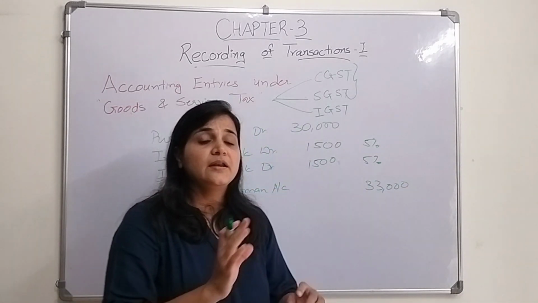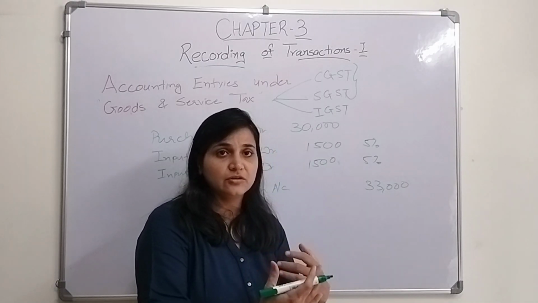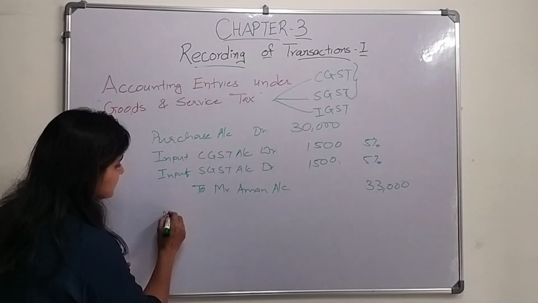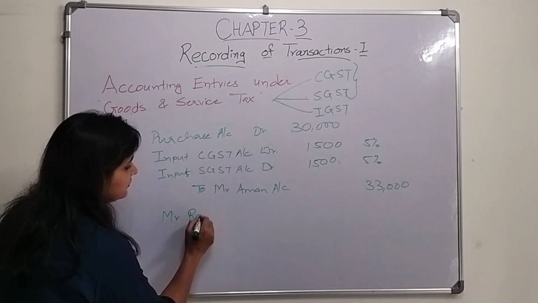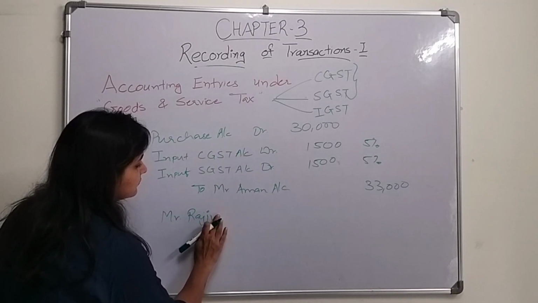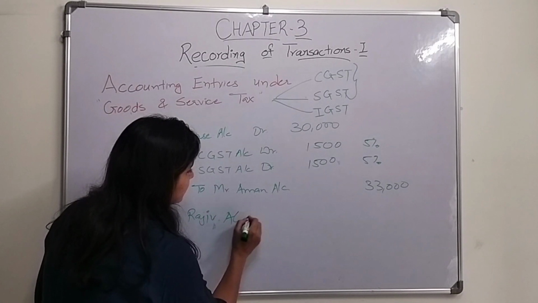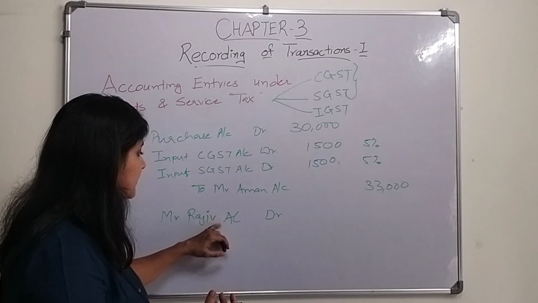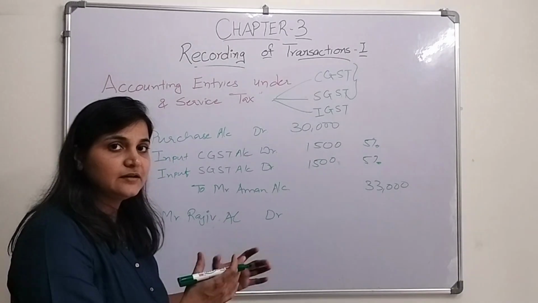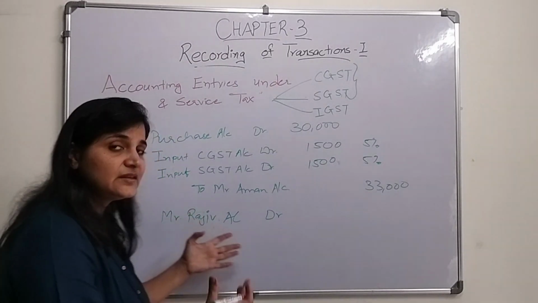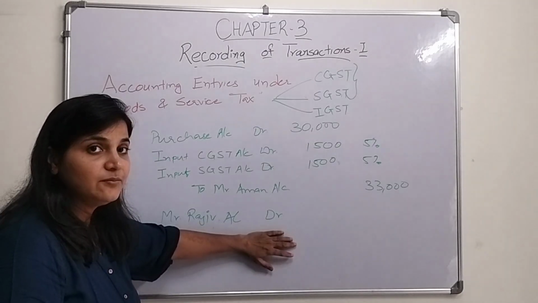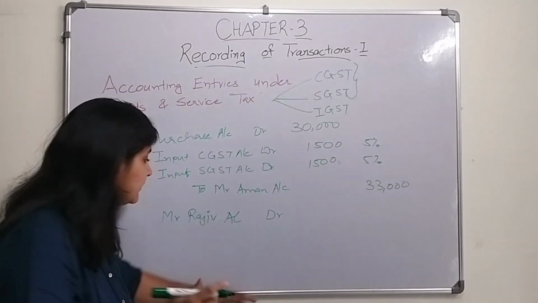33,000. Okay, now if I am selling the same goods to somebody for rupees 50,000, I am selling to Mr. Rajiv goods worth rupees 50,000. He is the one to whom I am selling. Okay, he is the debtor, debit the receiver, or he becomes my debtor, asset increases. So Mr. Rajiv account I am debiting. By how much amount I will debit?